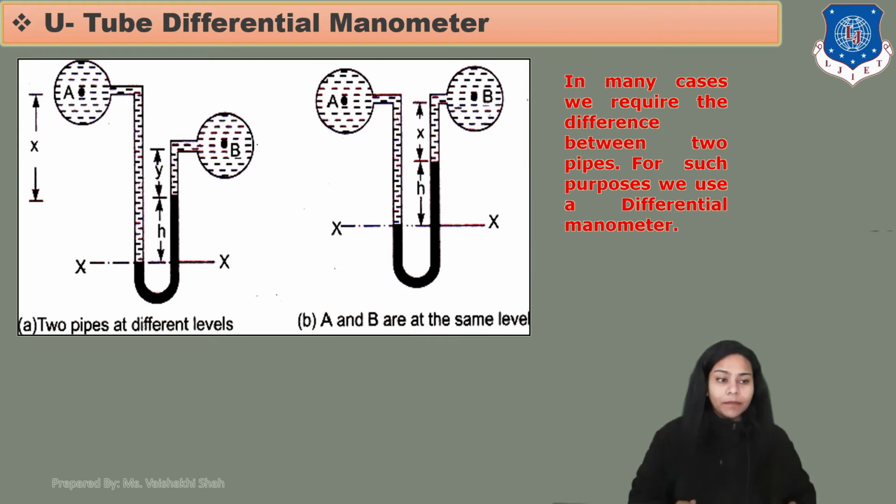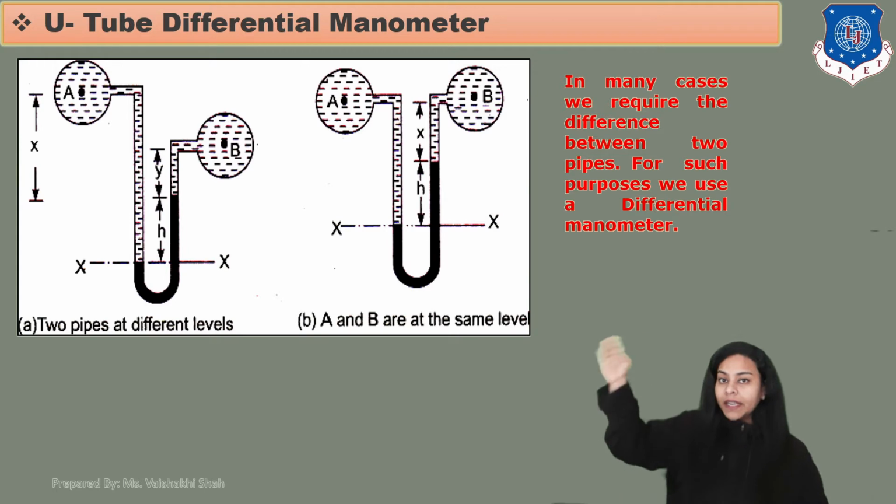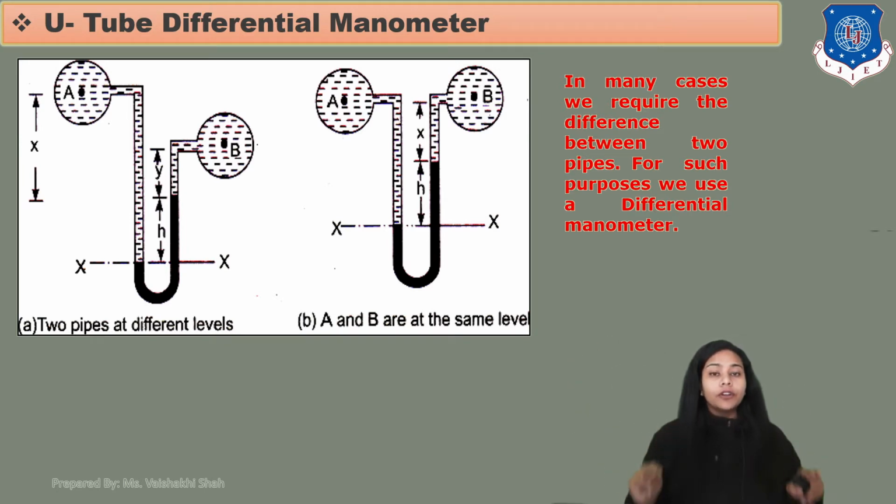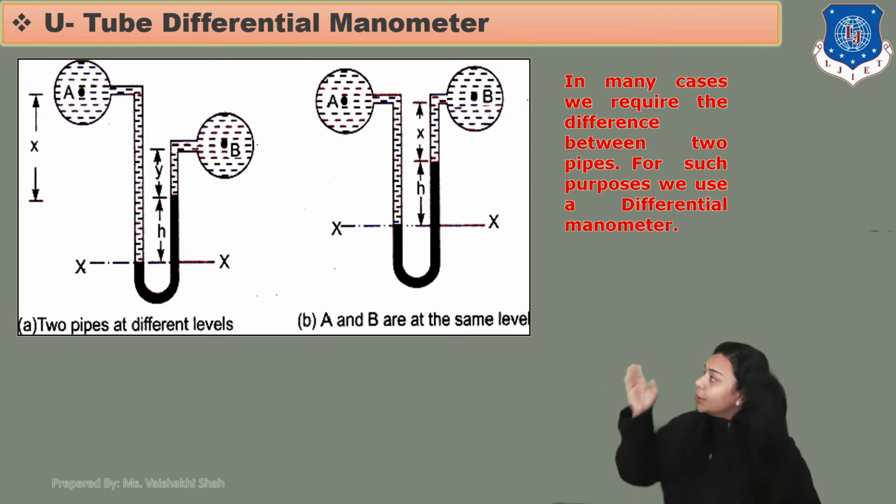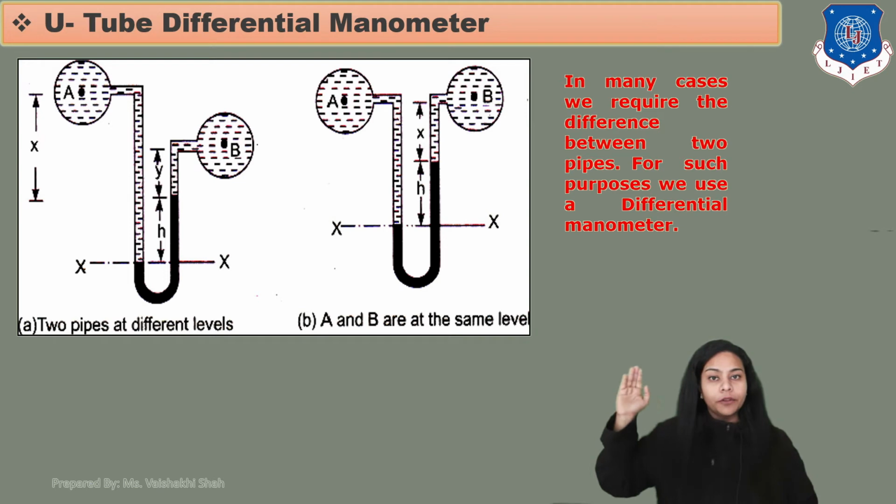In such cases we use the differential U-tube manometer to measure the pressure difference between two pipes. Here we are considering pipe A and pipe B, two different pipes, and we can find the pressure difference by using the U-tube differential manometer.